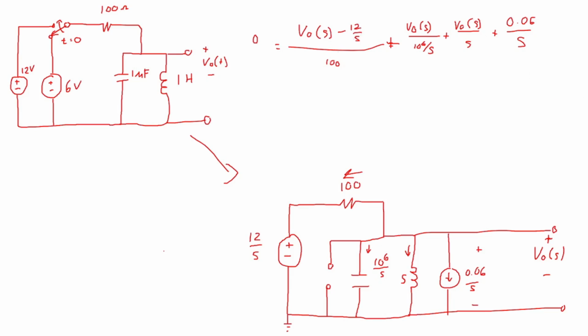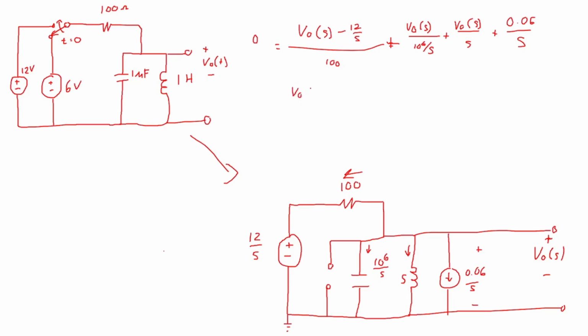Now it's going to be a matter of moving the V outs to one side and then everything else to the other. So that's going to be fine. If I do that, okay, I'm going to leave the V outs where they are.